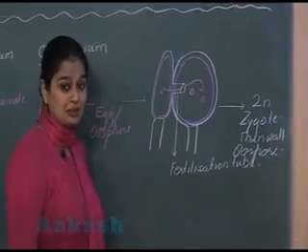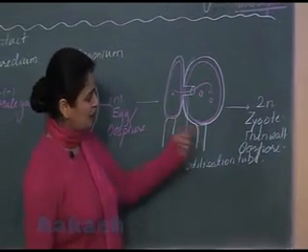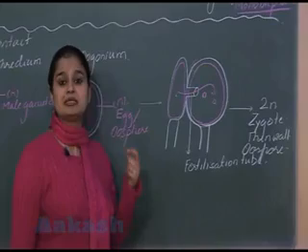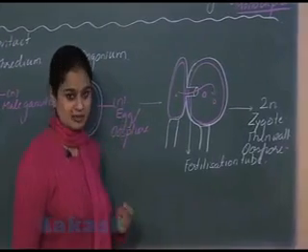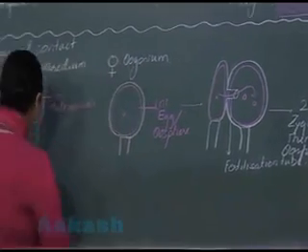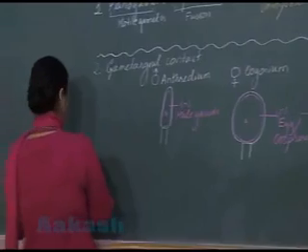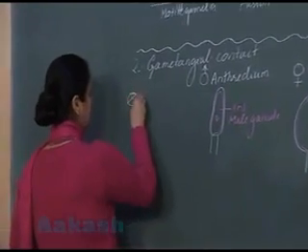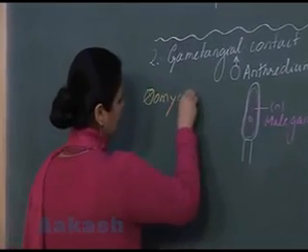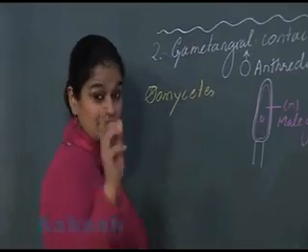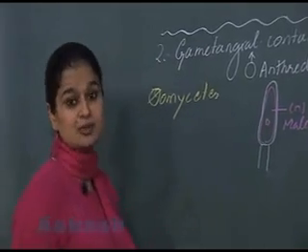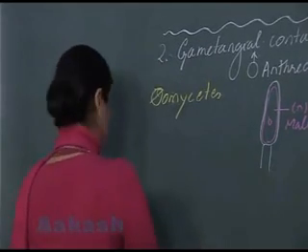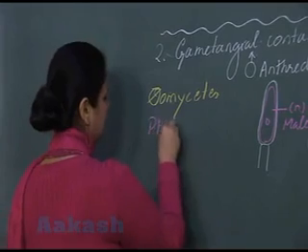Now this method of reproduction, formation of oospore, this is seen in oomycetes. Yes, this method of reproduction, it is seen in the members of oomycetes. I'm writing one example here with this type of reproduction. Example is Phytophthora.